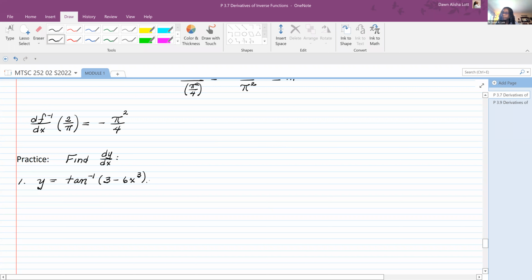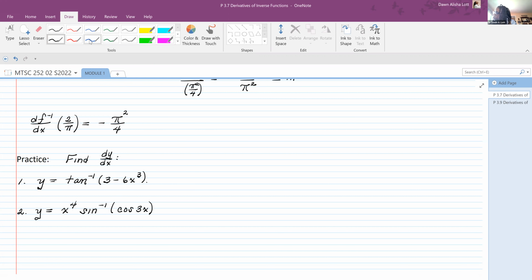Number 2, y is equal to x to the 4th times the sine inverse of the cosine of 3x.